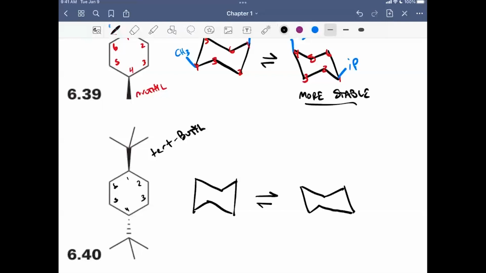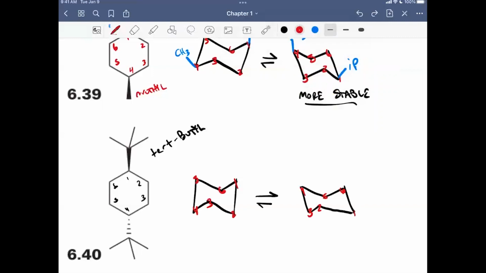It's a little bit better. Okay. Write my numbers again. If you do enough practice problems, there's a couple of different ways that you can number it. It doesn't have to be 1 on that top carbon right here. You can switch it around, but that's just how I do it.